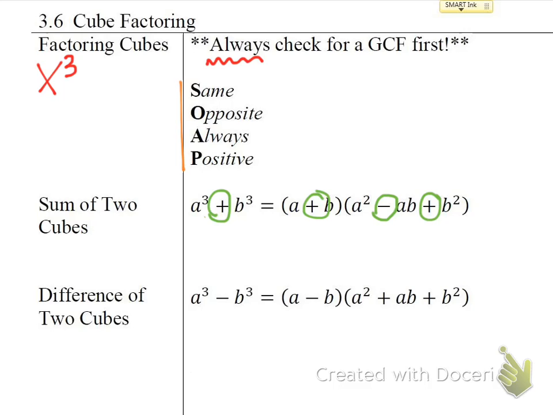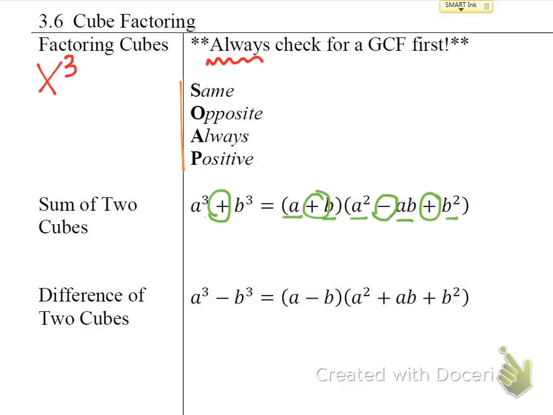And you fill in the terms in between each of those symbols the same way always. The cube root of what is in your original problem for each of them is in the first set of parentheses. And then that term squared is the first in the big parentheses. You take each term and multiply them in the middle, and then the last term squared is what comes last.